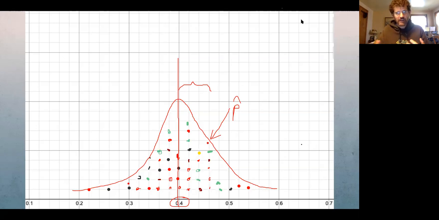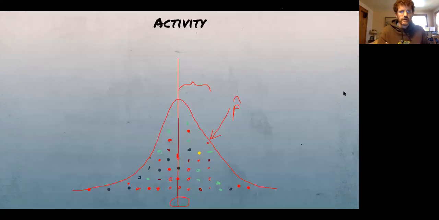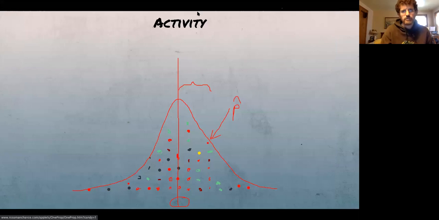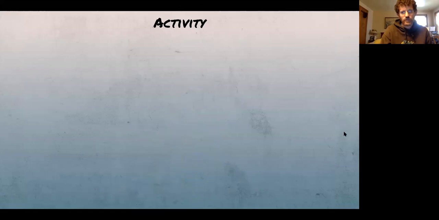If we count up these dots, maybe not 50 exactly, but they all represent a different sample that was taken, with a different p hat that was calculated. So there we go. That's kind of a takeaway from this. And now we've got that beautiful looking graph that we're going to get rid of, but we can continue with it in our mind as far as what the graph looks like.